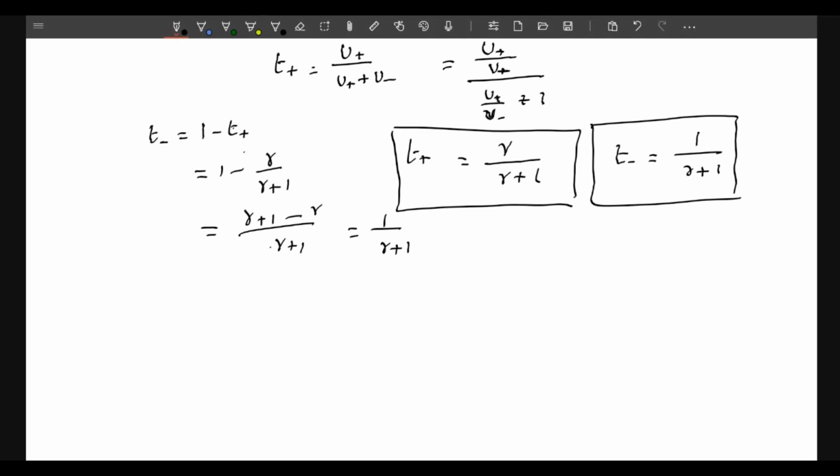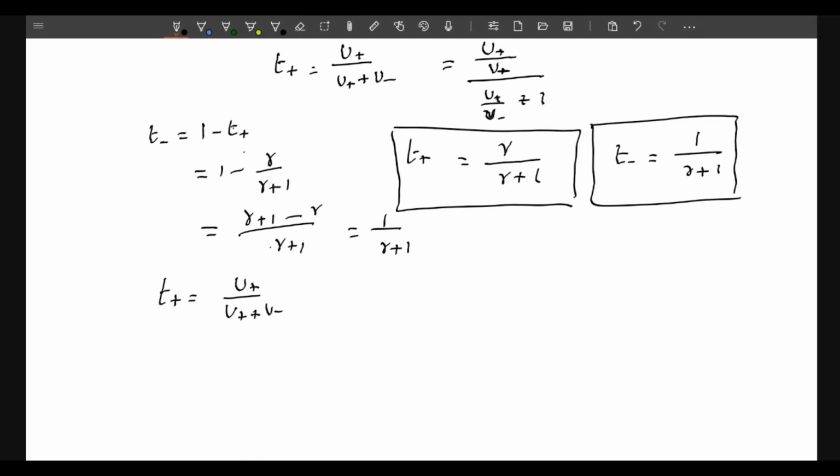This is another relationship. And also we have calculated the equivalent conductance for this one. What is this one? This T plus. Now we are going to relate T plus with respect to the ionic equivalent conductance. T plus is equal to U plus by U plus plus U minus.